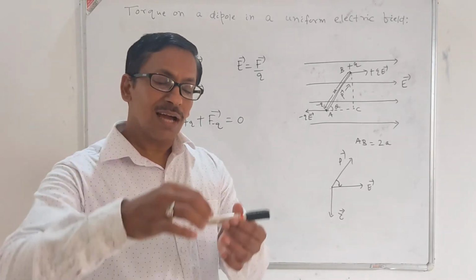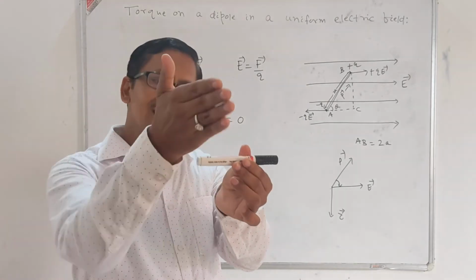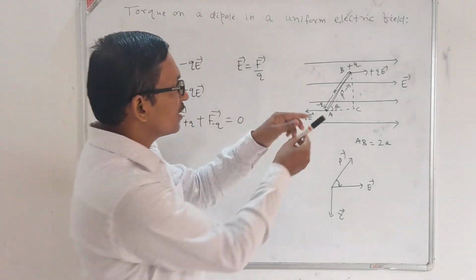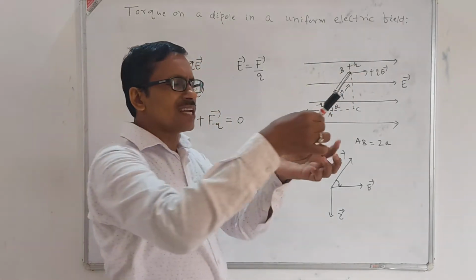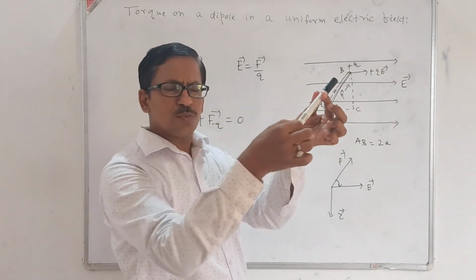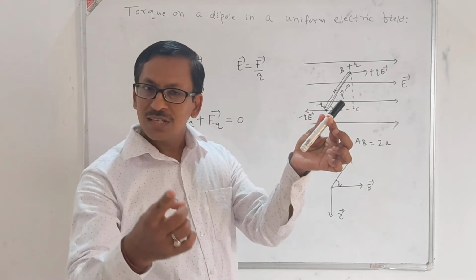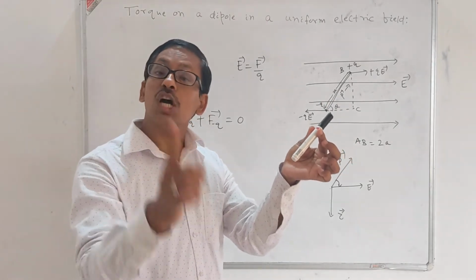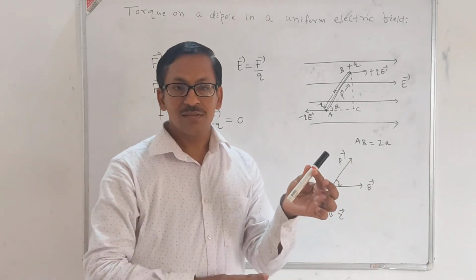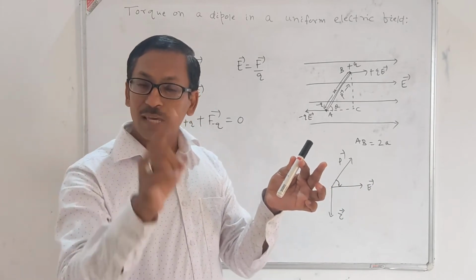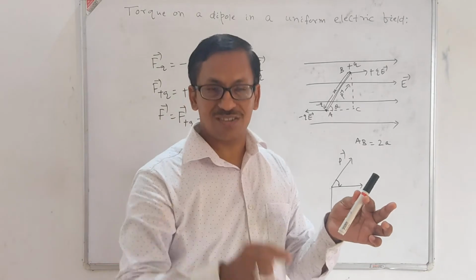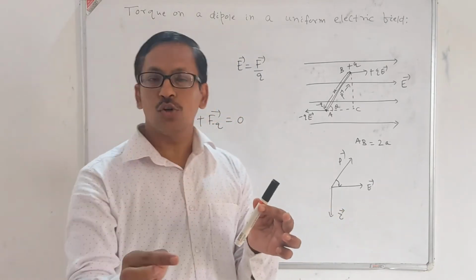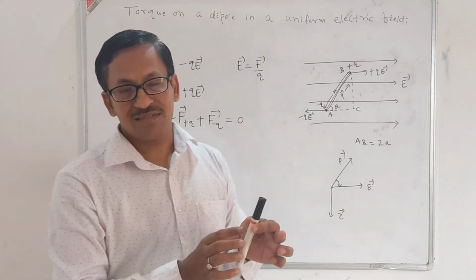Now one force is towards the right, the other force is towards the left. If the dipole is placed here, one force in this direction, the other force in this direction. So it will experience a torque. So that's why when a dipole is placed in a uniform electric field, it experiences a torque. Net force is 0, but torque it will experience.